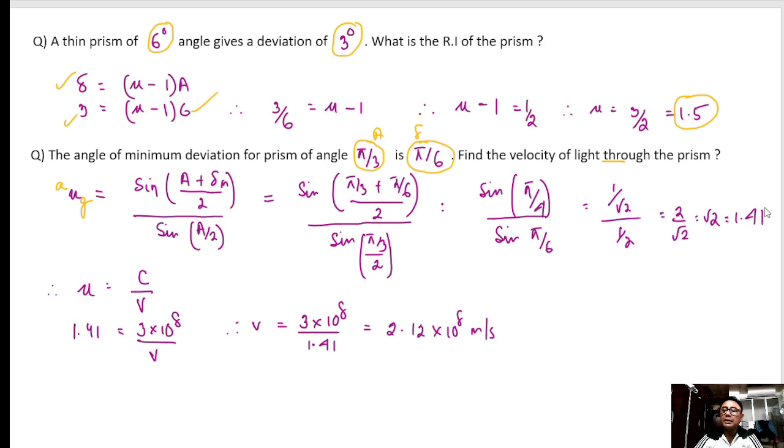From here we get the refractive index, which is also the speed of light in air divided by the speed of light in the medium. Here light is coming from air to glass, so it is the speed of light in air to the speed of light in glass. The speed of light in air is 3 into 10 to the power 8 meters per second. From here we can find the speed of light in glass.